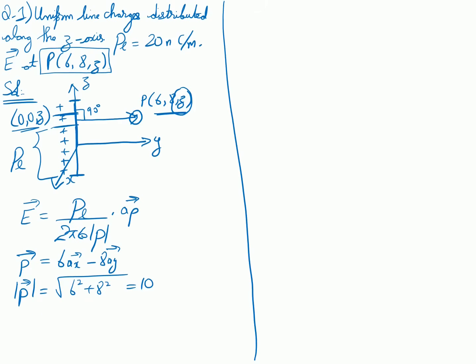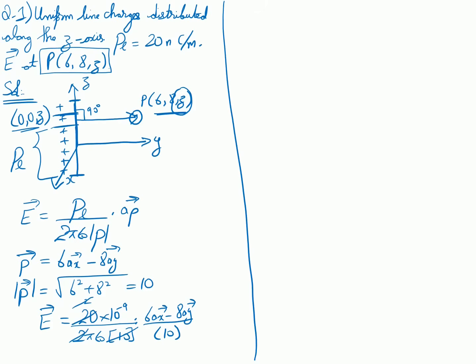So finally, I'm going to incorporate everything and give you the final answer. It comes out to be rho of L, which is 20 into 10 raised to power minus 9, divided by 2 pi epsilon naught, and the value of magnitude rho is 10, multiplied by a rho, which is 6a of x minus 8a of y divided by 10. So we cancel 10 with this, and it becomes 2.